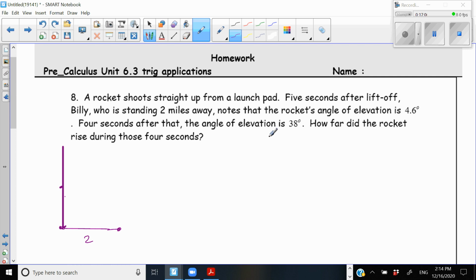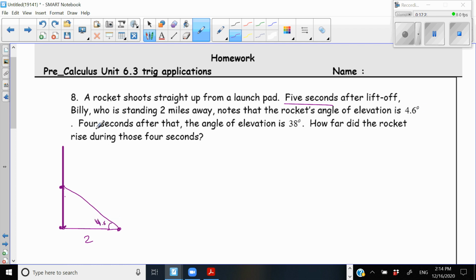So let's say it's here. About 5 seconds after liftoff, he looks at the rocket, and the angle of elevation at that time is 4.6.